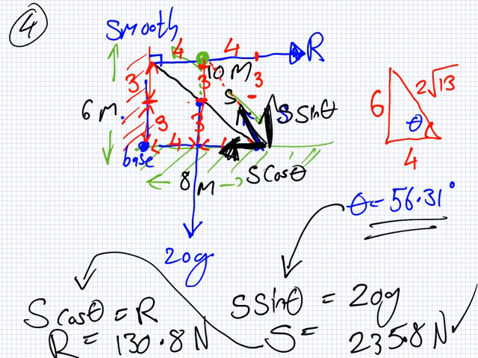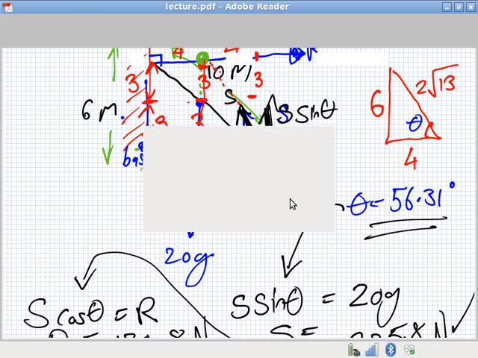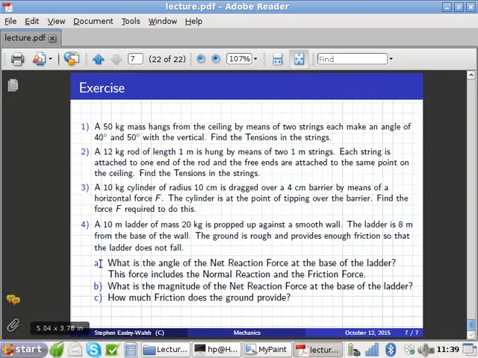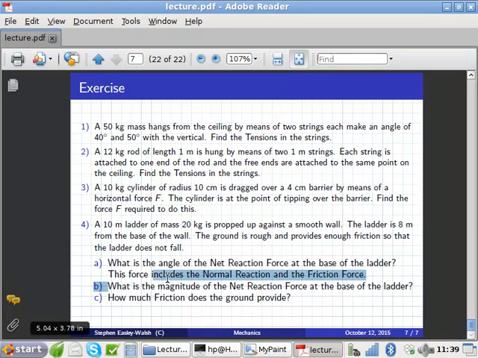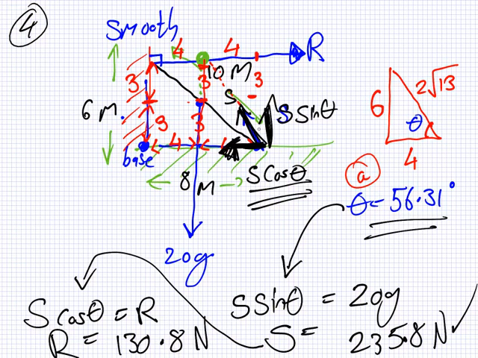How much friction does the ground provide? That's actually this one. Let me be clear. The first one, A, that's here. And then the B, the net reaction force at the base of the ladder, that's here. This is the B. Now time for the C part.